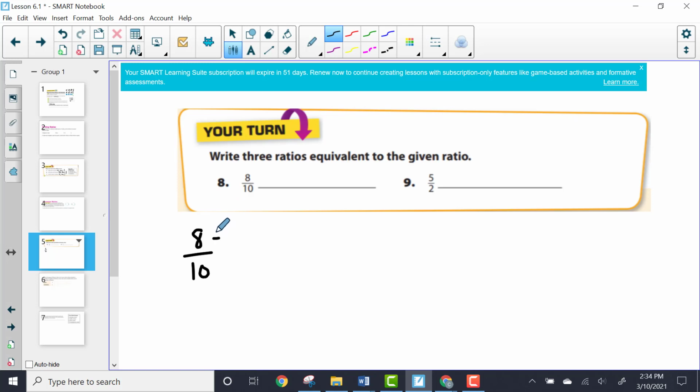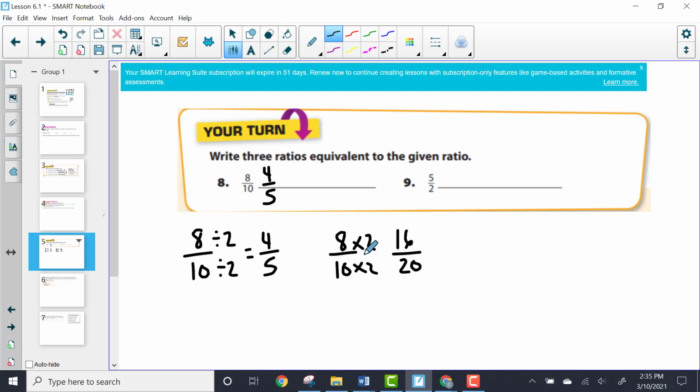So we can divide both terms by 2, and that's going to give us the ratio of 4 to 5 as an equivalent ratio. You can also take 8 to 10 and multiply both terms by 2, and that's going to give me 16 to 20.